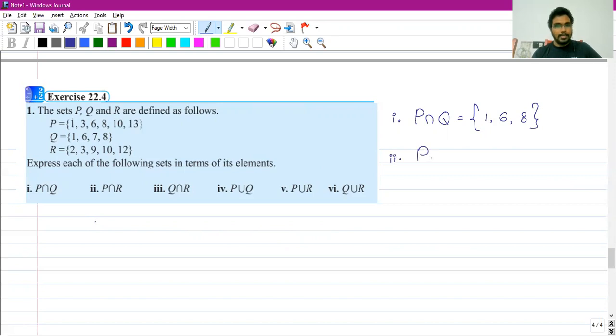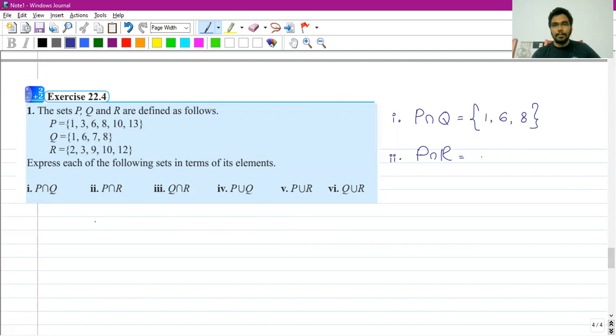Next, P intersection R, meaning the common elements of P and R. We can see 3 is common. Next, 10 is common. So 3 and 10 only.